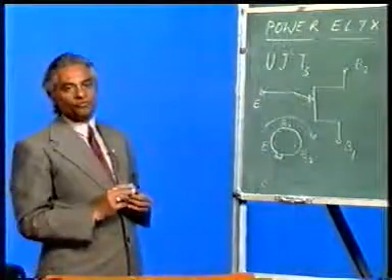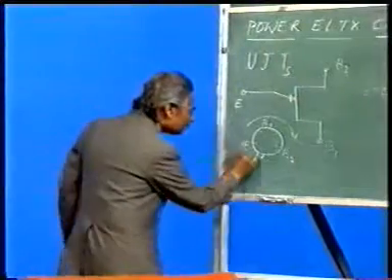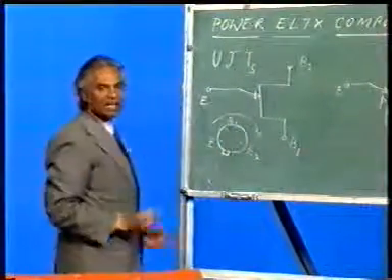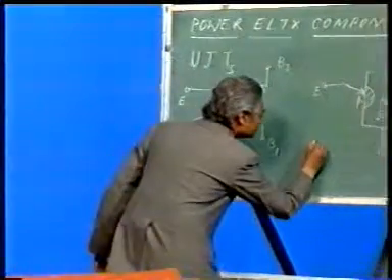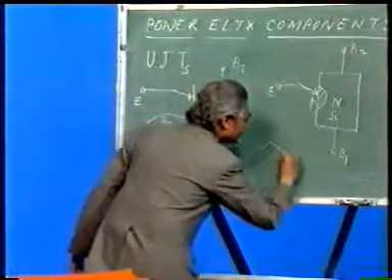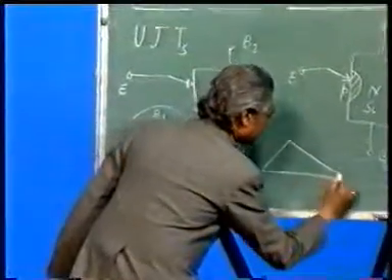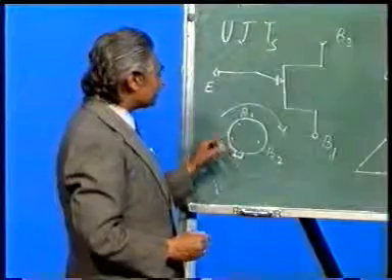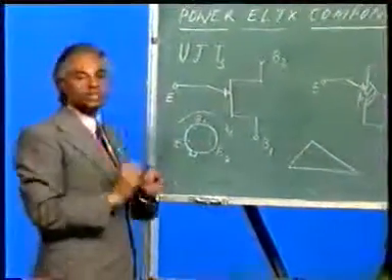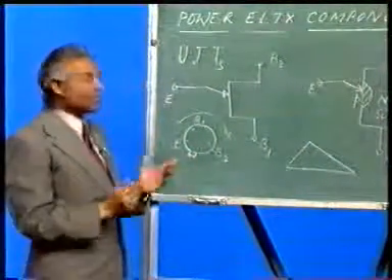Another method of finding it is that if you see these 3 terminals, they form a triangle. Any 3 terminals will form a triangle. The triangle is like this. Now here you will find that between these 3 terminals, one of the lines will be the longer one. It will be the longest rather.